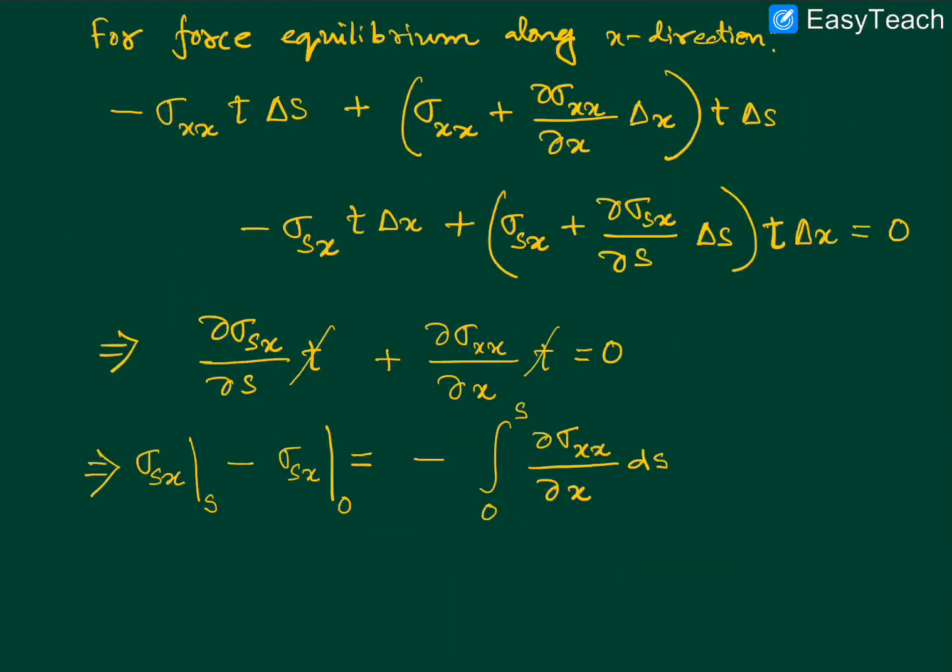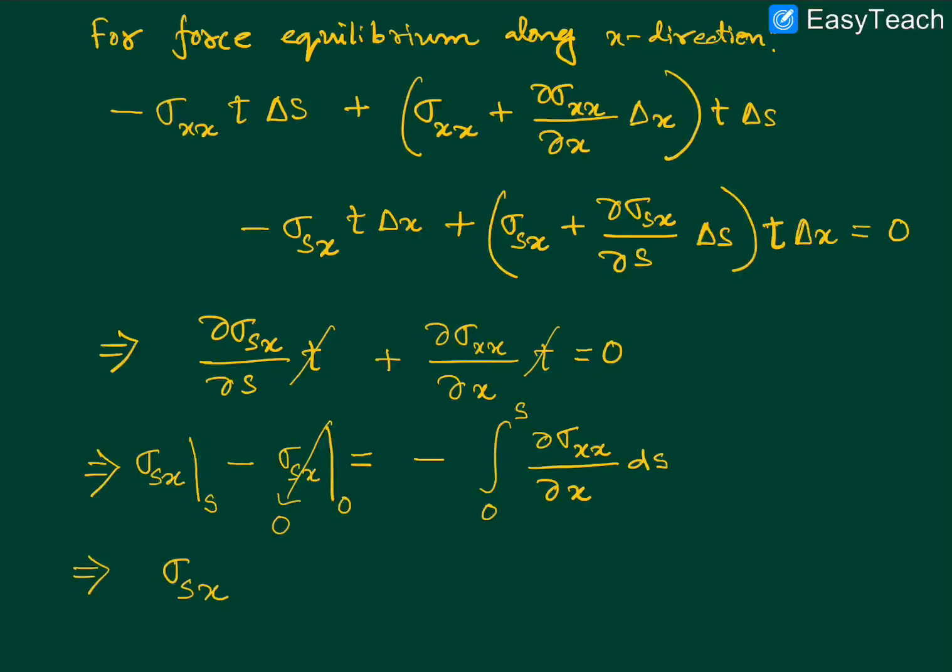So if we go back to our derivation here, what we are going to obtain is that this term is going to be equal to 0, and what we will be left with is just the expression for sigma sx.